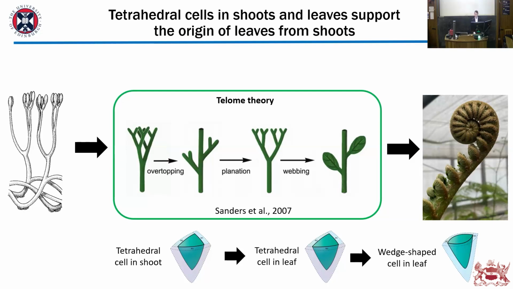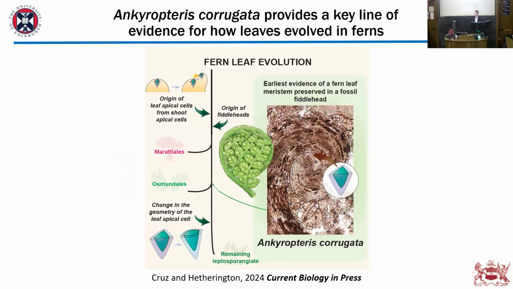Okay, so taking this all together, we could build a new picture for how leaves evolved in ferns. We can picture an ancestral shoot where there was a tetrahedral apical cell, and from that ancestral shoot, leaves first evolved, and they also had a tetrahedral apical cell. From this point onwards, we then get the origin of fiddleheads. So our new group, the fiddlehead ferns, evolved.